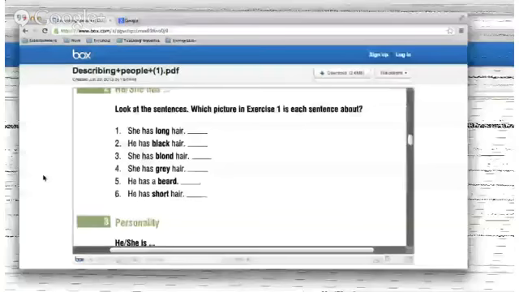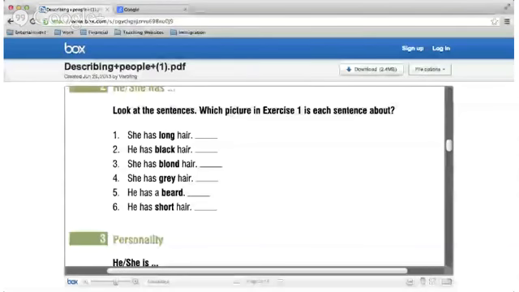Is it a gray-haired person or the person with the gray hair? Either way, gray-haired person, you would have to have an -ed there. Or the person with the gray hair.